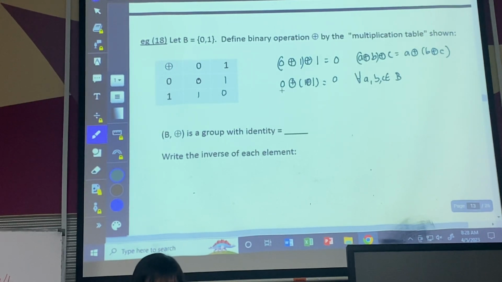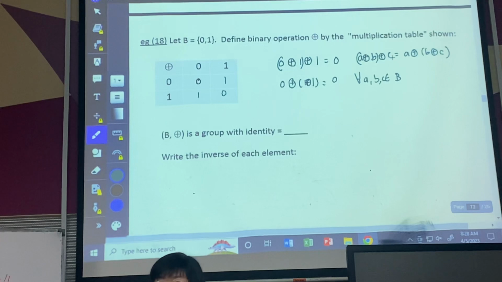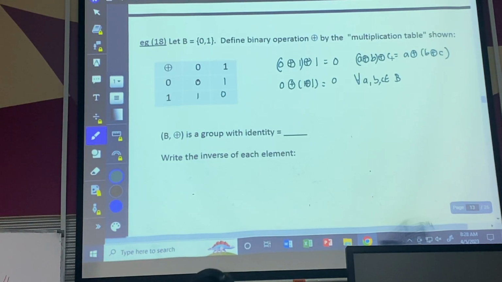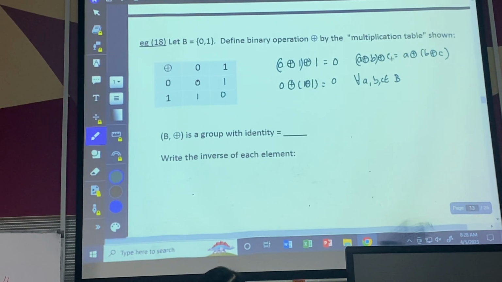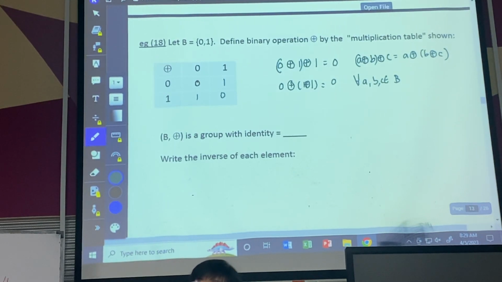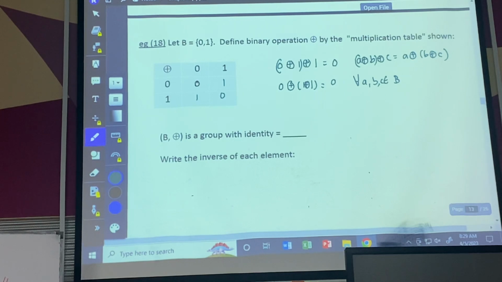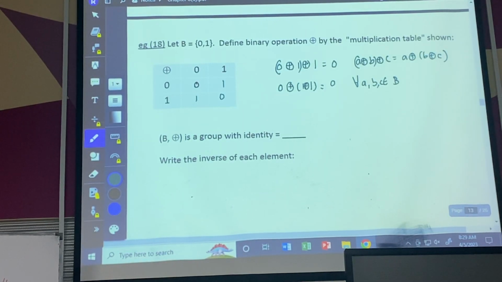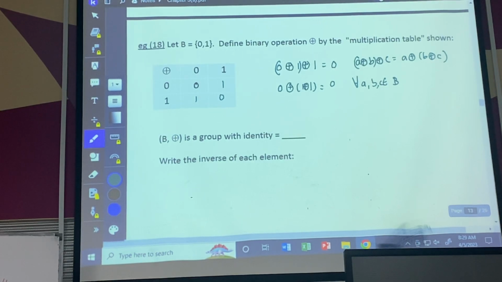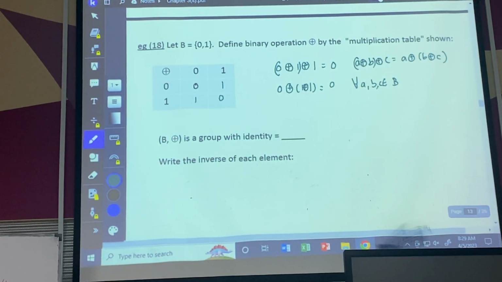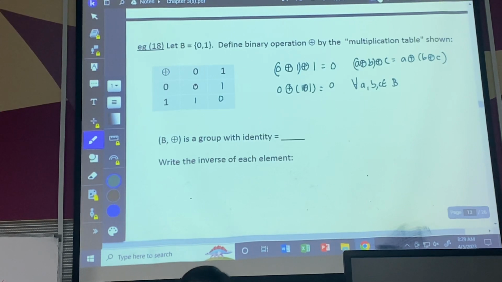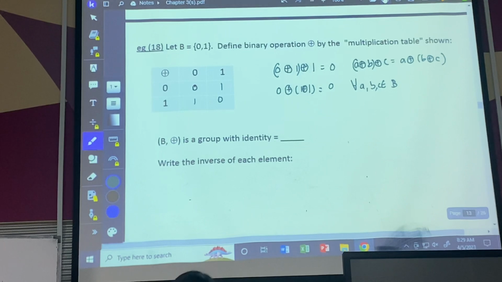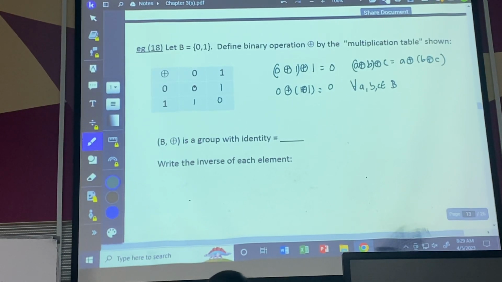Now the second one, what is the identity? Can you give me the answer? Agree? All of you? 0 is the identity?